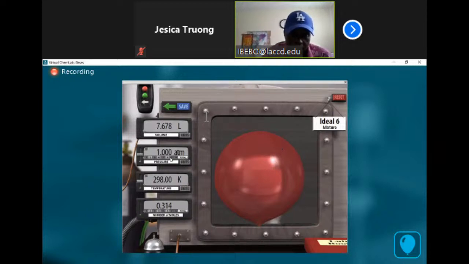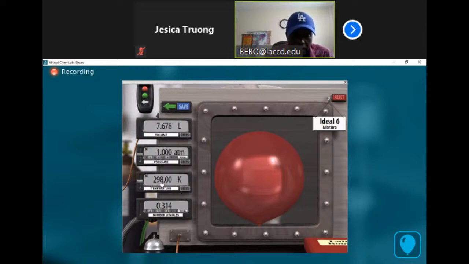If you press 6, it will tell you the amount of pressure that gas number 3, which is in this case 6, added in the balloon. And that is what you're going to put in that table under number 4, partial pressure Pi, whatever it is.